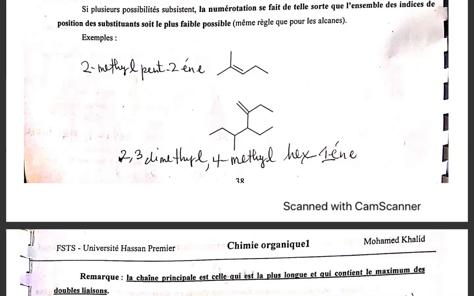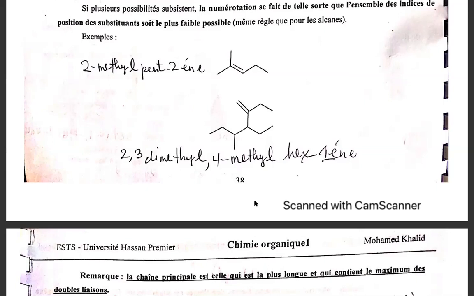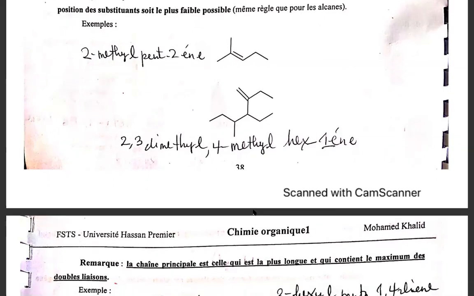Because you have 2 ethyls, we are going to use the multiplication factor that is di. Therefore, the name of this compound will be called 2,3 diethyl. Here, sorry, there's supposed to be a dash. 4 methyl hexane. Is it clear for this part?